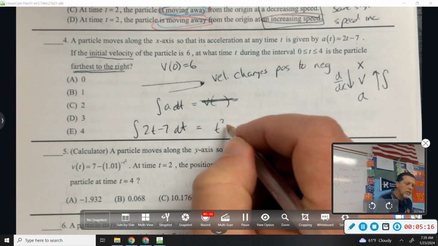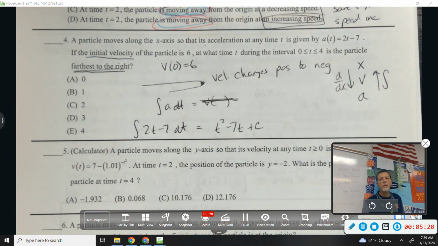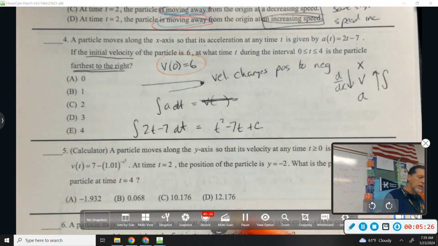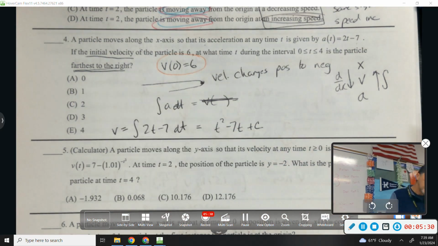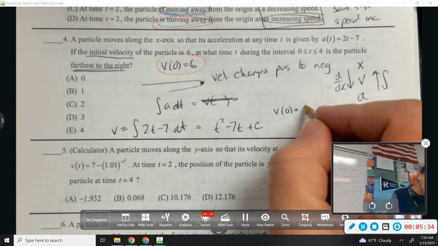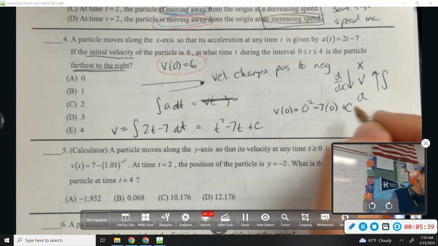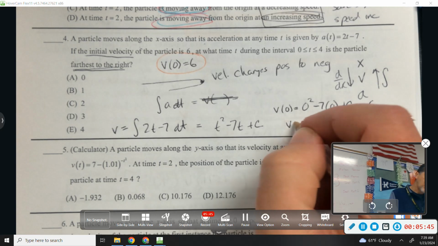So that'd be t squared minus 7t plus C. But I can solve for C because they told me what v of 0 is. So v of 0, if I plug in 0, I get 0 squared minus 7 times 0 plus C, and that's supposed to equal 6. So C is 6.